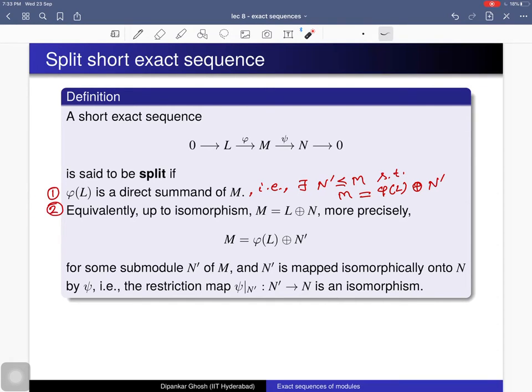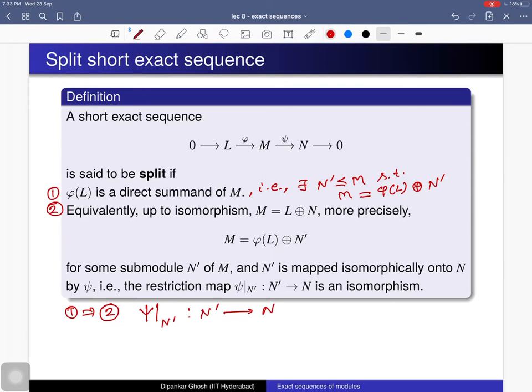Suppose phi of L is a direct summand of M, that means you have a submodule N' of M such that M is the internal direct sum of phi of L and N'. We need to prove that if you restrict the map to that submodule N', then you have an isomorphism like this.